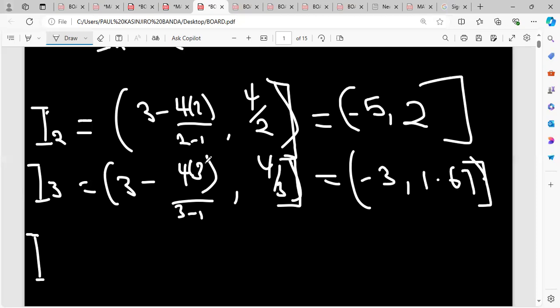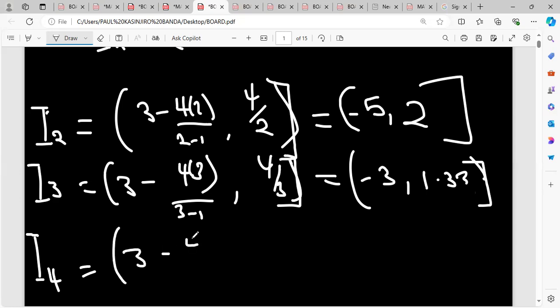Oh, 1.33. Yes. I thought it was a 2 there. So this would be 1.3333, because the remainder is 1, so it would be 3s until the end.